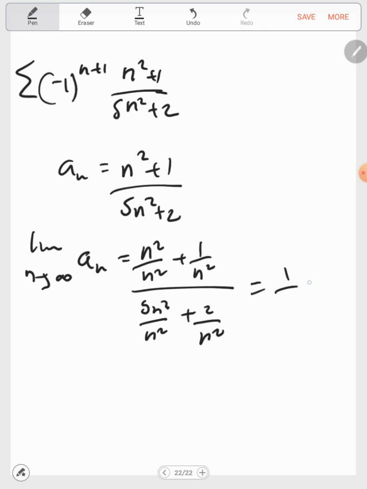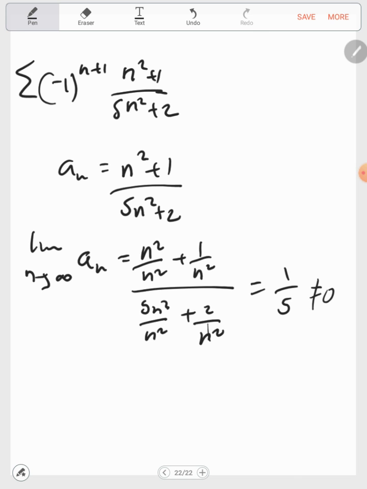This part is a 0, this part is also a 0, and then that's just a 5. So we have 1 over 5, and this limit is not equal to 0. So if it's not equal to 0, we can't use the alternating series test, but we now use the divergence test. If the limit of an alternating series is not equal to 0, then we conclude that it is divergent. Okay.